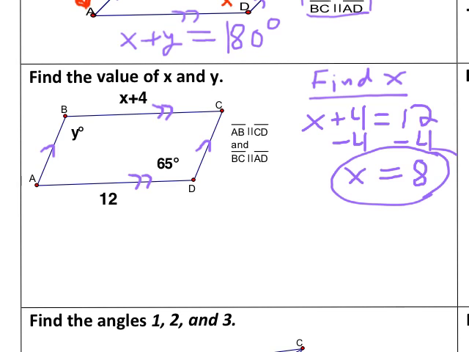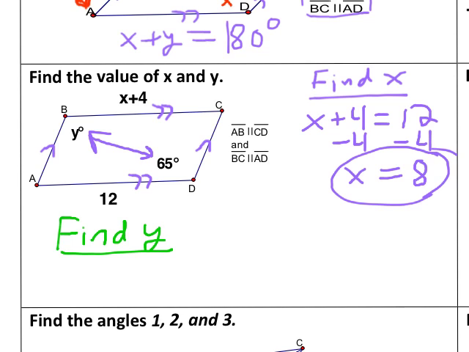Alright. Well, y and 65, these are opposite angles, right? These are opposite. So if they're opposite of each other, we have a theorem that says that opposite angles are what? Hopefully you just said congruent. So if we want to find y, well, that's pretty simple.